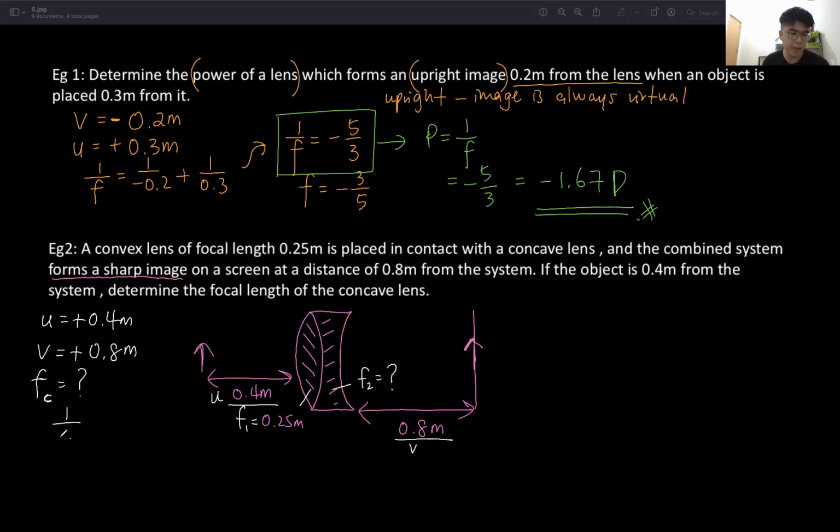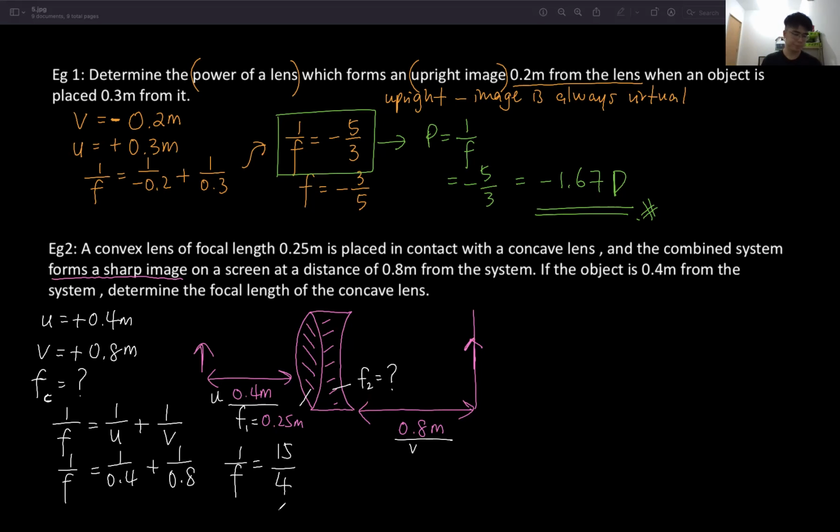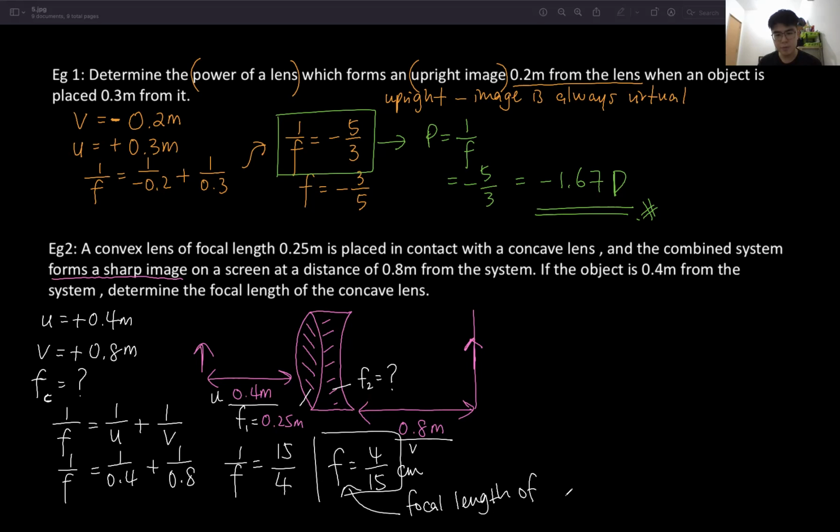So we use 1 over F equals 1 over U plus 1 over V: 1 over 0.4 plus 1 over 0.8. Then we have 1 over F equals 15 over 4, so F equals 4 over 15 meter. This F is the focal length of the system.